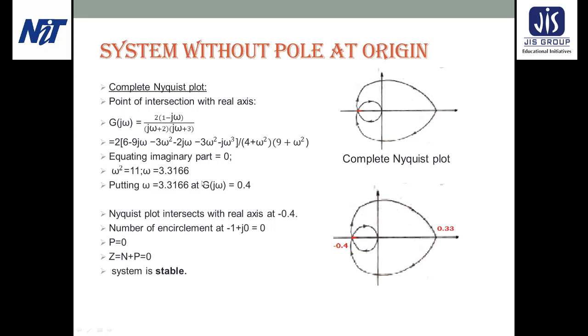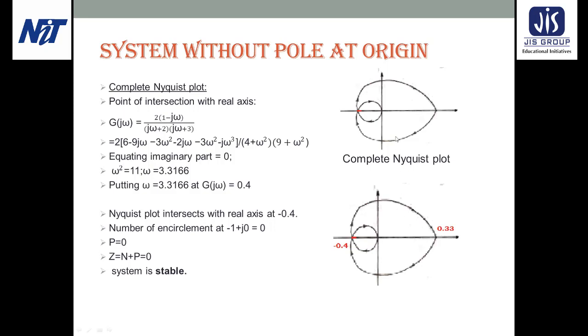3.3166. So from this point 0.33, omega was 0, and when it crosses the real axis, omega is 3.3166, and at the origin omega is infinite. Now we put this value of omega, 3.3166, into the mod of G(j omega), and we get the mod of G(j omega) equal to 0.4.